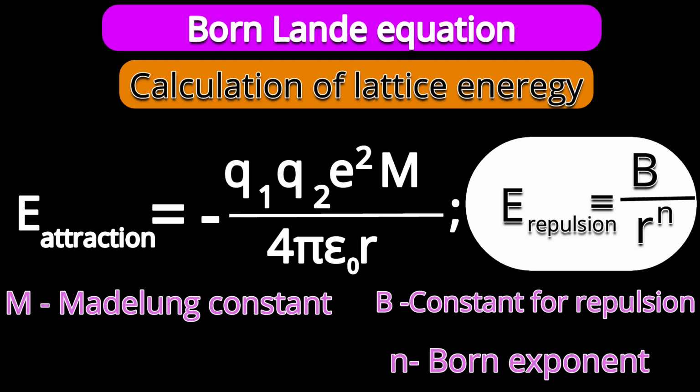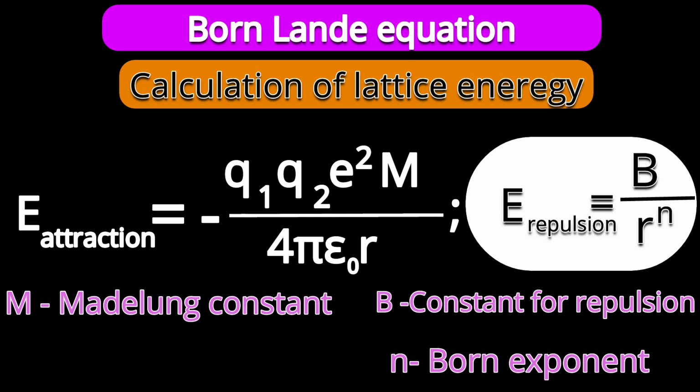Now, the summation of those two, the attractive potential energy and repulsive potential energy, gives the net potential energy. And that net potential energy is nothing but our lattice energy.